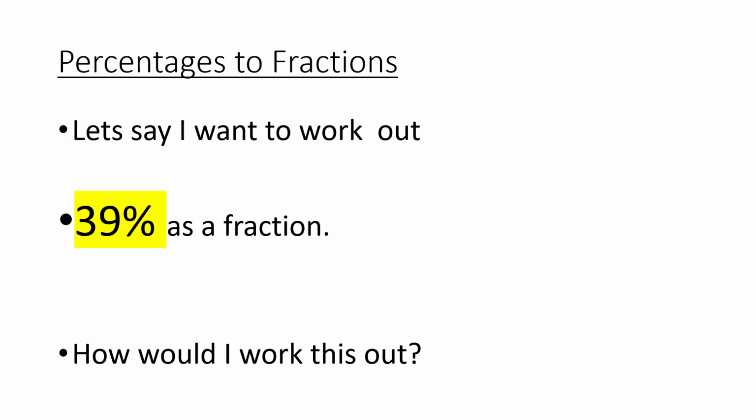So looking at percentages to fractions. Let's say I want to work out 39% as a fraction. How would I work it out? Well, we know, or we should know, that the word percent or percentage means out of 100.